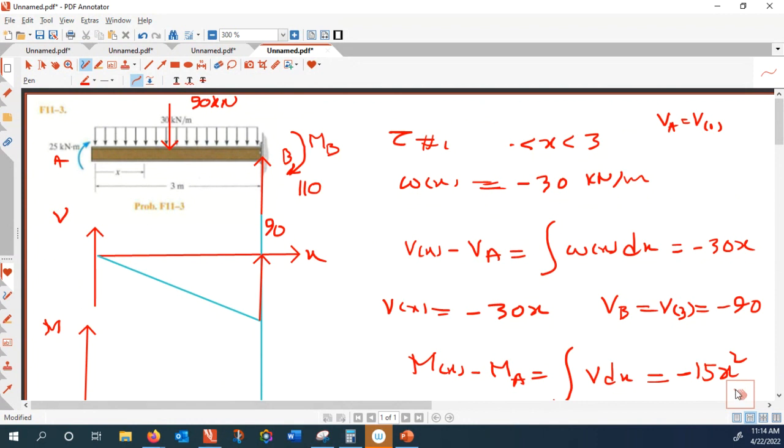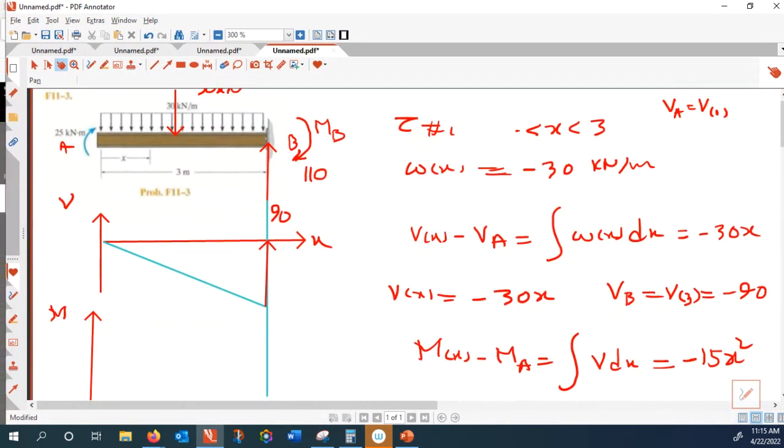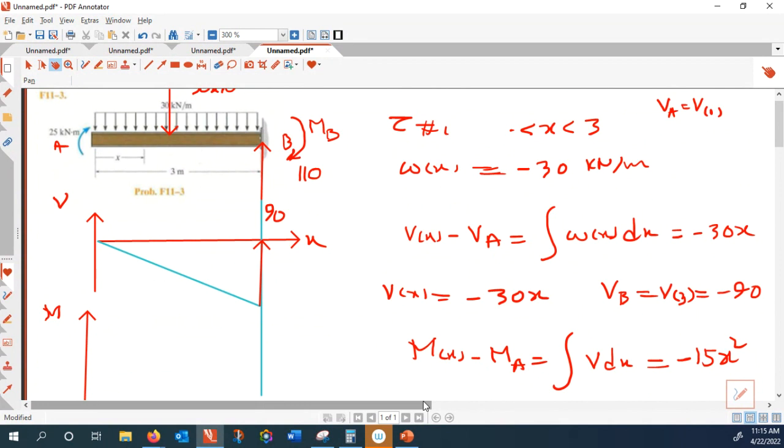25. Is this positive or negative? That is positive, right? How can I justify that?